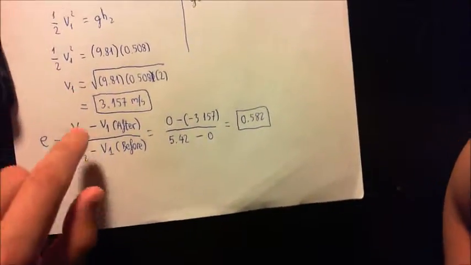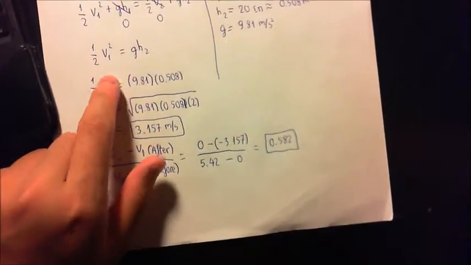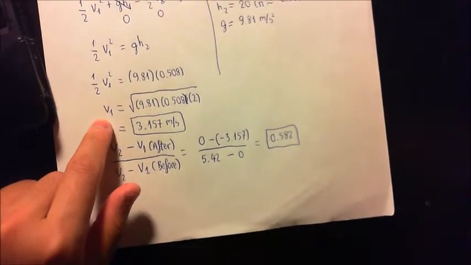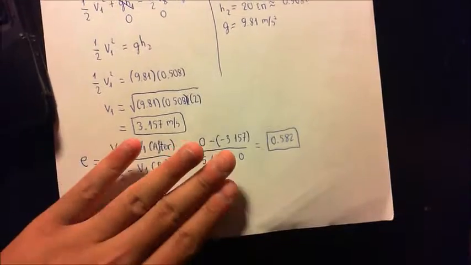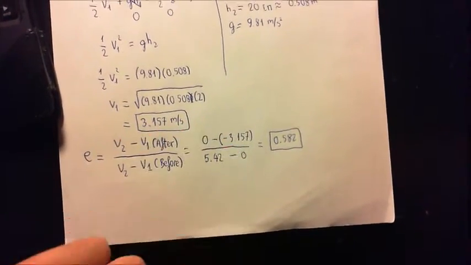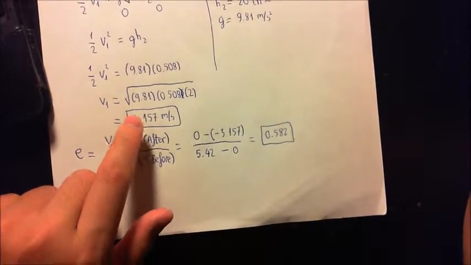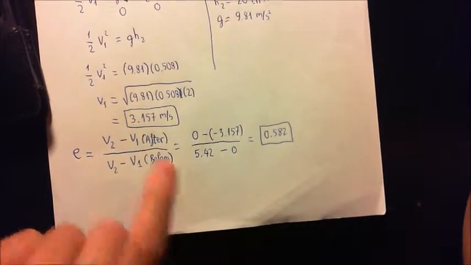And so I just plug into the equation right there. And since we don't have v, we have to find the initial velocity, which is when the ball goes from the ground up to the maximum height. And there it is. That's the answer for the initial velocity.